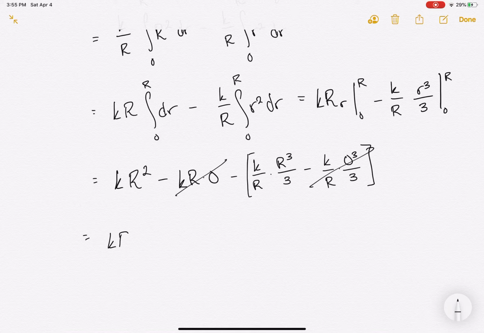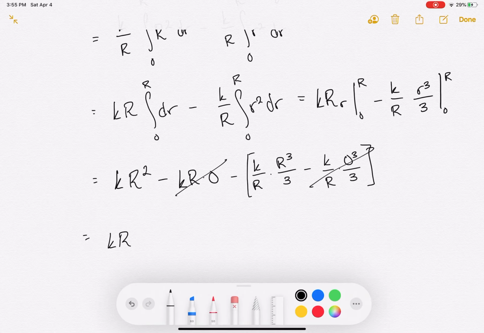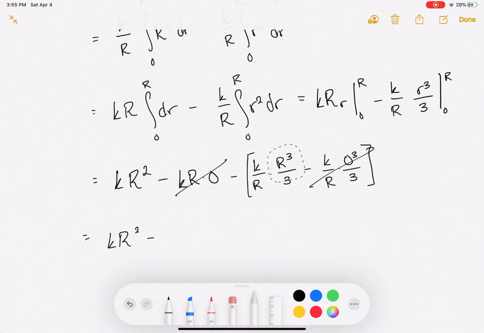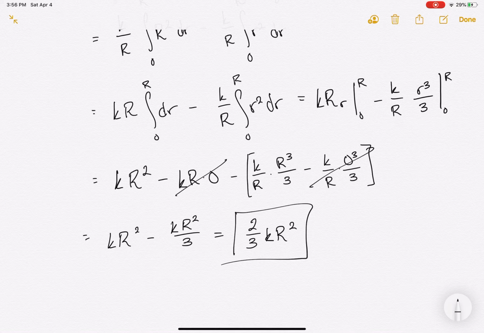This is really k R squared, that's right. Minus, there's an R cubed on top and an R on the bottom, so that gives me an R squared overall. So this is really k R squared over 3. So I have 3/3 minus 1/3, so I have 2/3 k R squared.